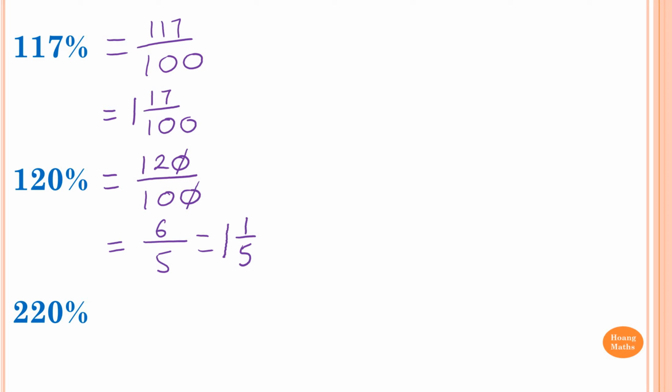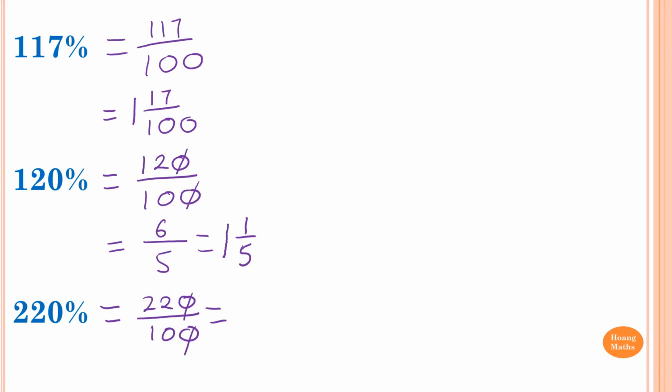220%. So 220% is 220 over 100. So these two can cancel out. You can write straight away in mixed numeral if you like, or you simplify first, whichever way is easier for you. In this case, I can just halve it.